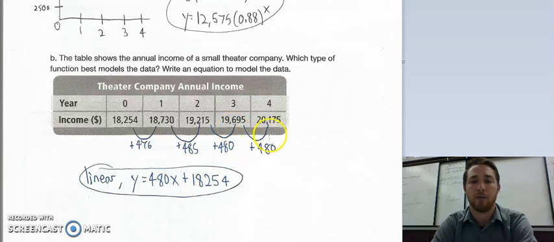So that's like a rise over run of 480. And then again, just like with our last one, we have our starting amount, which is like your y-intercept. So that's 18,254. If you want to make that an equation, we're using both the slope and the starting amount as your linear model. Again, not exact, but close enough that we can model that linear.